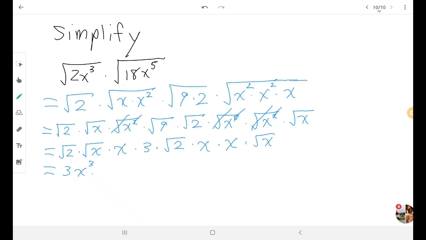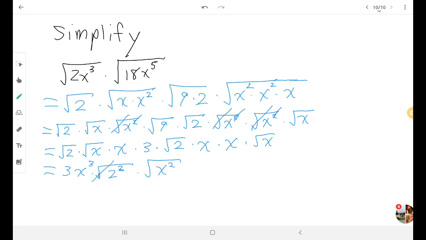And then I've got a square root of 2 and another square root of 2 being multiplied. So let me put that all under the same square root, and 2 times 2 is 2 squared. That'll be helpful. Times, and then I've got a square root of x and another square root of x, and I'll put those two together and call it the square root of x times x, or x squared.